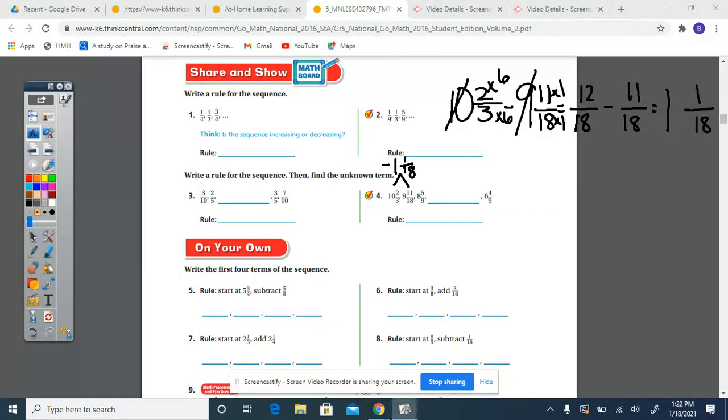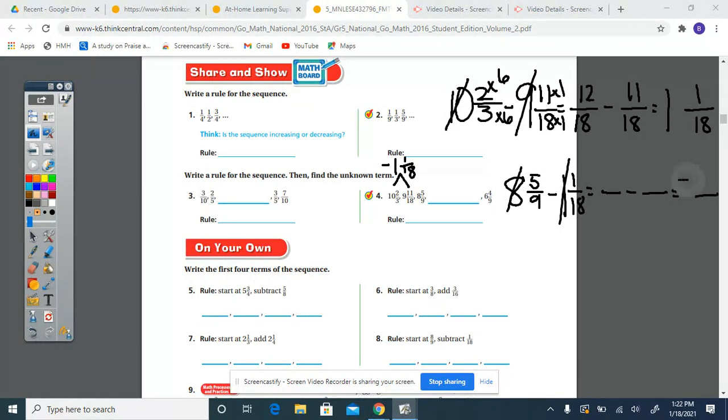Okay, so I would double check that you're also subtracting 1 and 1/18 between the 9 and 11/18 and the 8 and 5/9, because you want to make sure that that rule is also the same. So we're going to do 8 and 5/9 minus 1 and 1/18 equals blank.